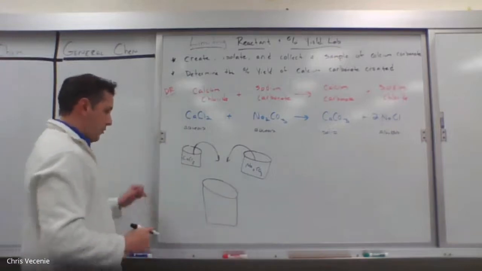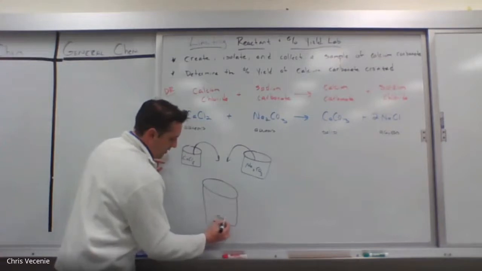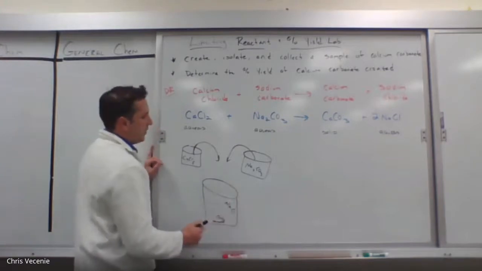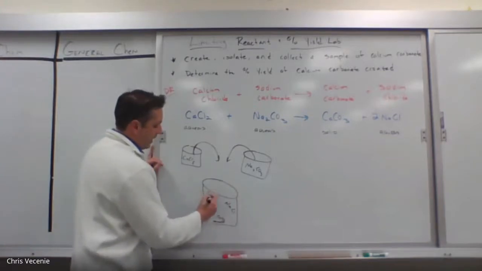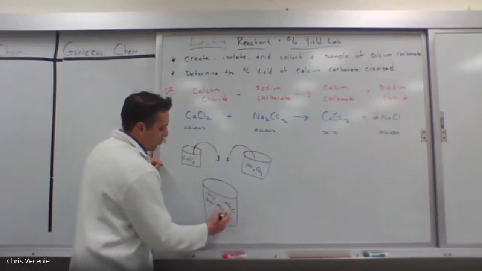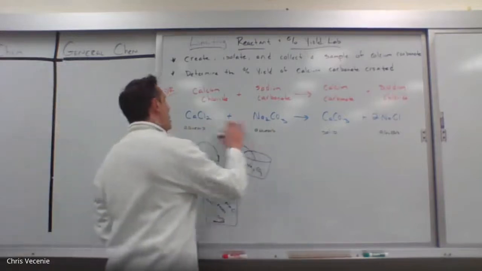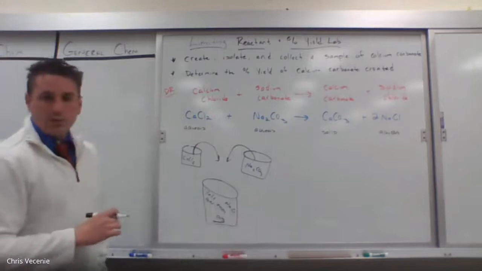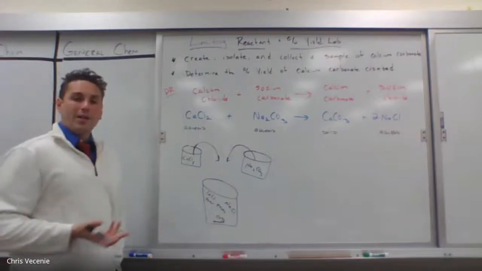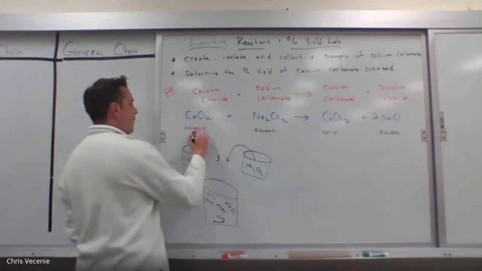In that third beaker, I'm going to create the solid CaCO3, and I'm going to have aqueous NaCl, which means that's floating around as ions, and then I'm going to have any leftover excess. One of the things we're going to do in this lab is vary the amounts of the CaCl2 and Na2CO3 to see if things turn out different based on who runs out first, our limiting reactant.